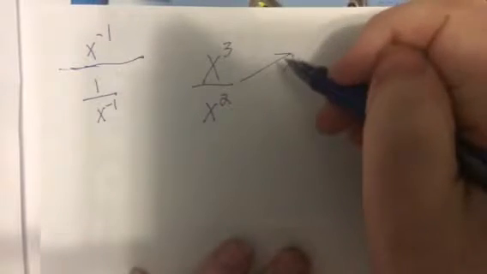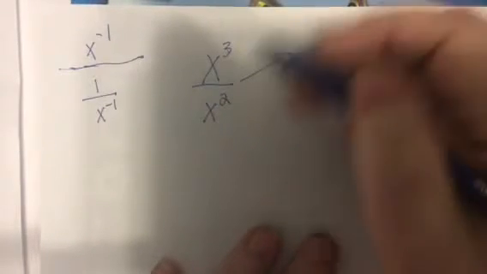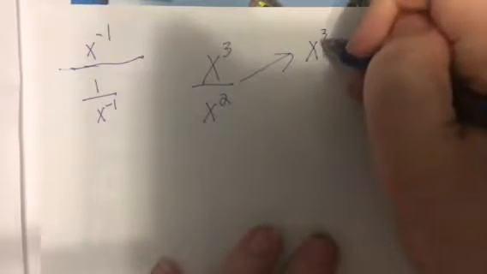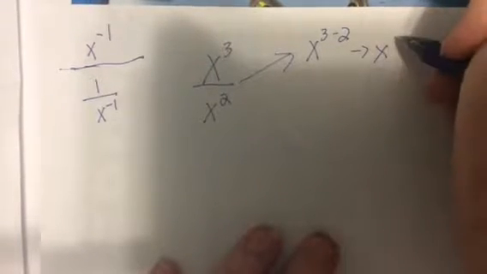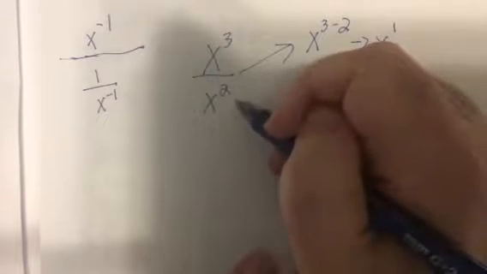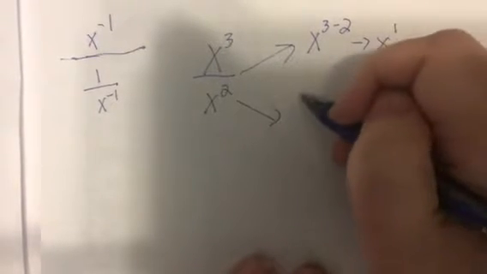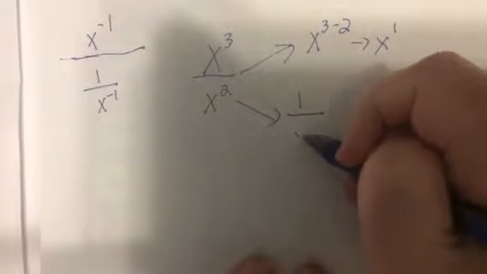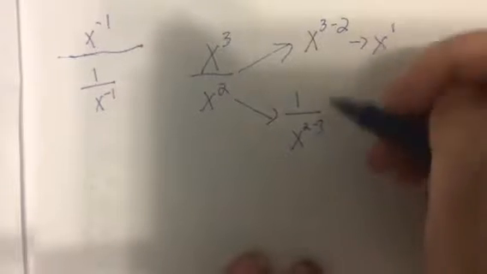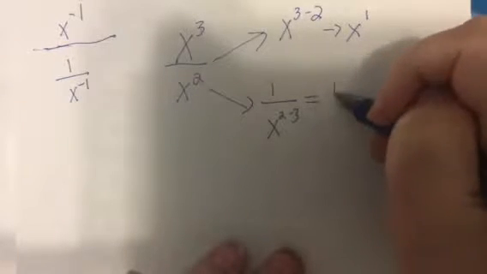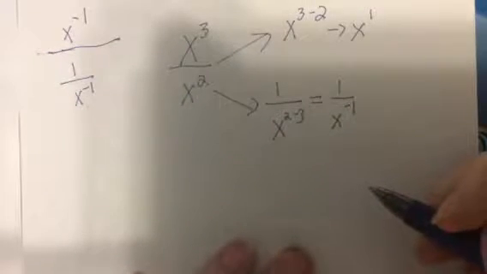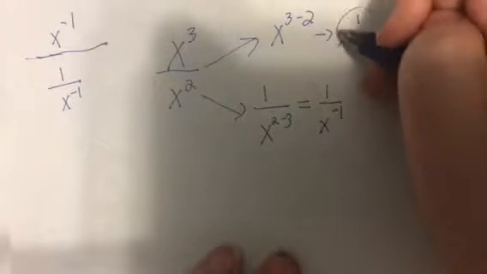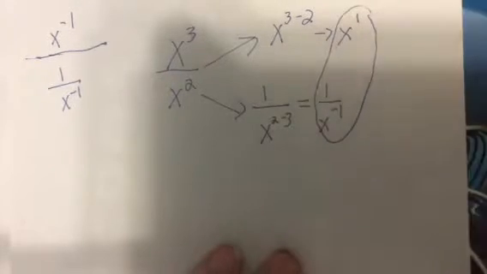One way of doing it is saying, okay, top power is bigger, so it'd be x to the 3 minus 2, which is x to the first power. Or really, I should be able to go x to the 2 minus 3, which is 1 over x to the -1. Well, since they're both legitimate, that means this is the same as this.